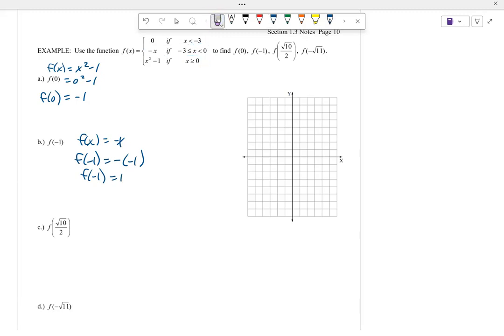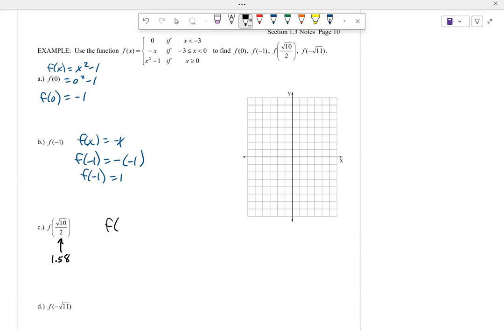F of square root of 10 over 2. Well, square root of 10 is between square root of 9, which is 3, and square root of 16, which is 4. So it's like 3 point something over 2. So if you plug this in, you get 1.58. Maybe that's how you want to think about that. That's 1.58, so I'm greater than or equal to 0.